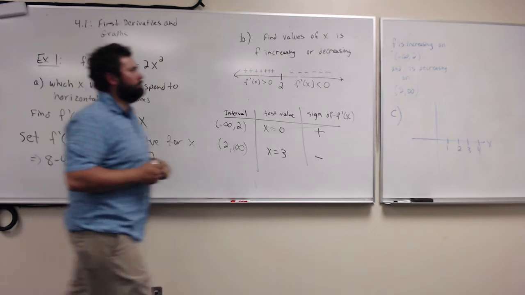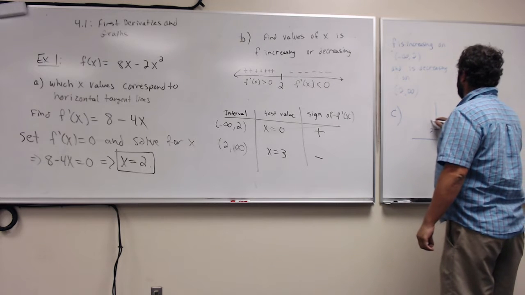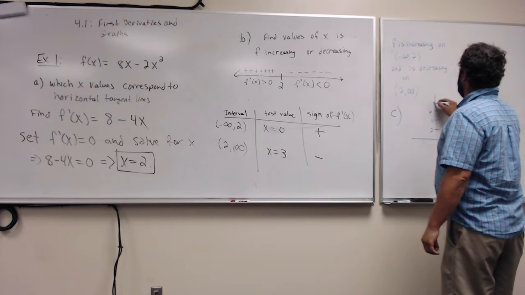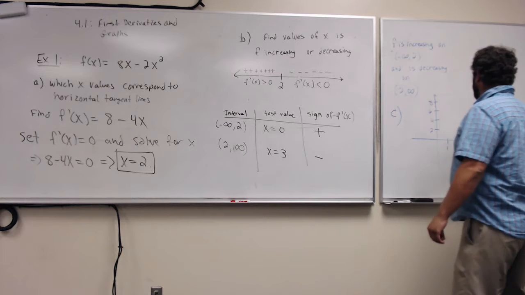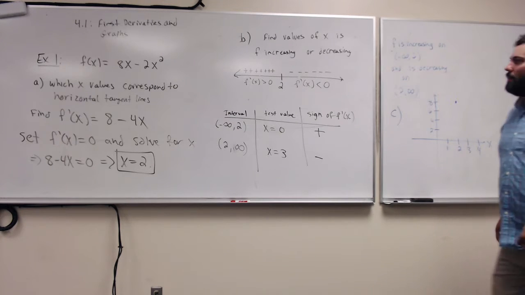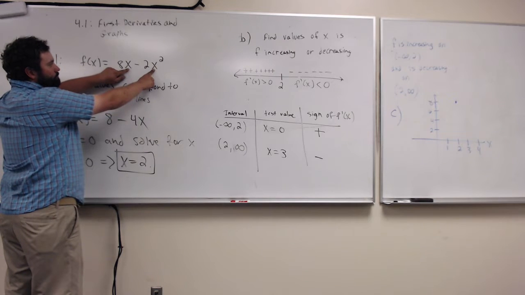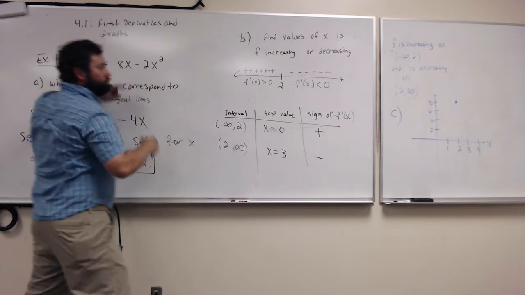Yeah, so you get 8. Okay. So I'm going to say just go by units of 2 here. So 2, 4, 6, 8. So at positive 2, the function has a value of positive 8. And then I'm not going to worry about what the roots are. I mean, I think it's going to pass through the origin because when you plug in 0, you get 0.